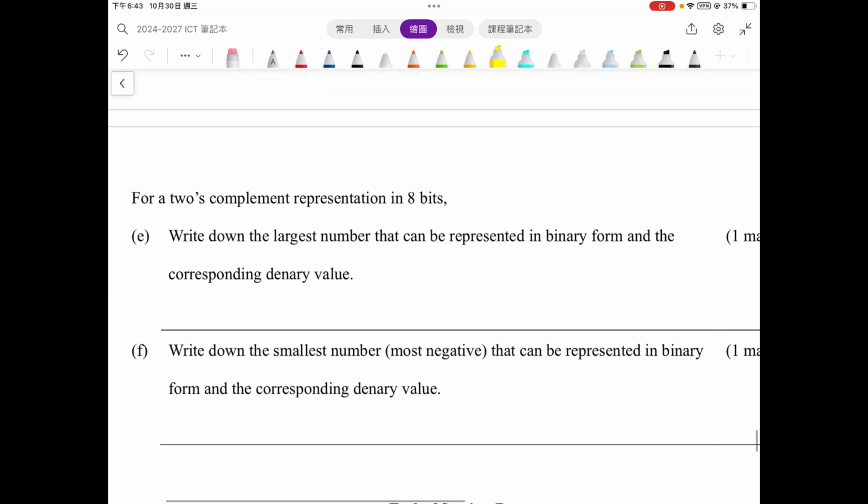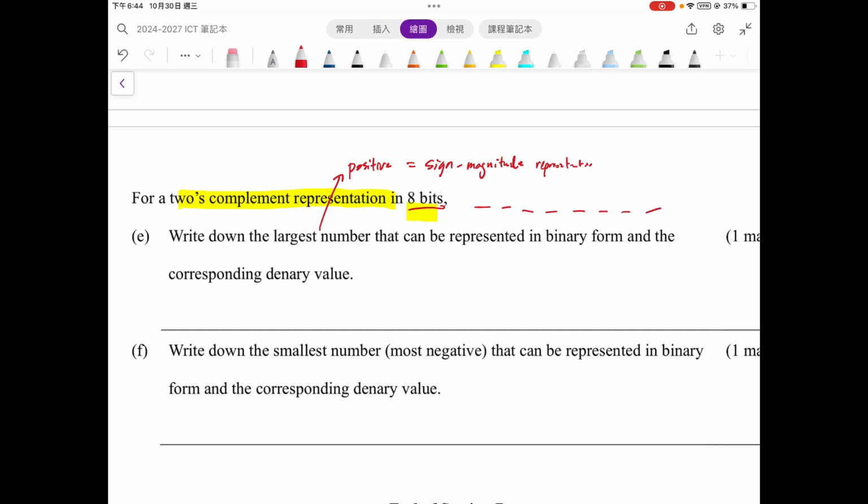The last two questions are asking you to write down the largest number for an 8-bit 2's complement representation. The first question is very easy, because if we are finding the largest number, that number should be positive. And we know that for a positive number written in 2's complement representation, it is exactly the same as the sign magnitude representation. So imagine we have 8 bits, 1, 2, 3, 4, 5, 6, 7, 8.